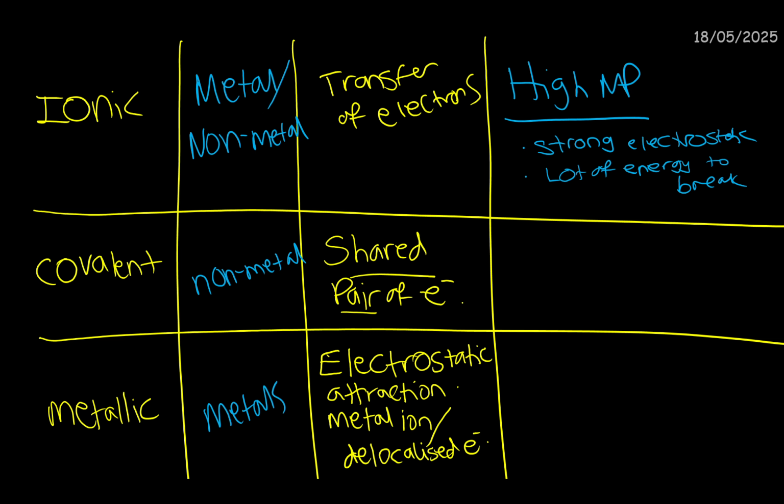So, Aish, can you explain why metals conduct electricity? Which type of electrons? You need to be specific. Yes. So the reason why metals conduct electricity is because the delocalized electrons can move and they can carry the electricity.